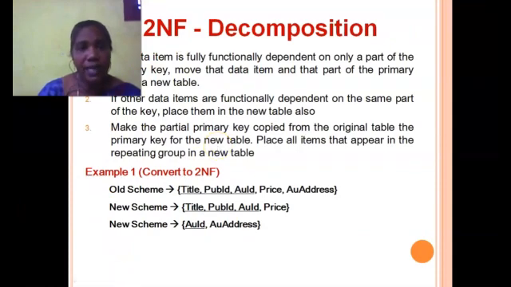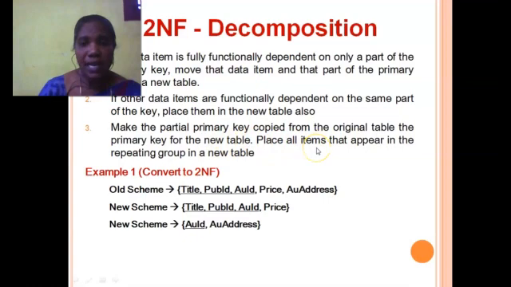How do we decompose? If an item is fully functionally dependent on only part of the primary key, move the data item and that part of the primary key to a new table. If other data items are functionally dependent on the same part of the key, place them in the new table also. Make the partial primary key, copied from the original table, the primary key for the new table.